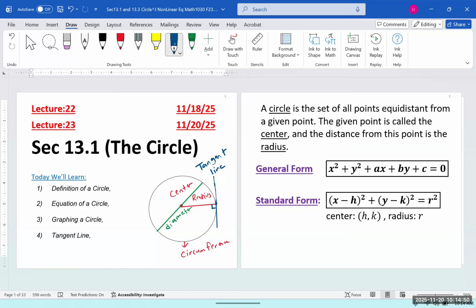So that's all you have to know about this circle. Circumference is the boundary. The middle dot is the center. The distance between center and any point of the circumference is the radius. And if you draw a line at the end of the radius that touches the circumference, it is called tangent line.